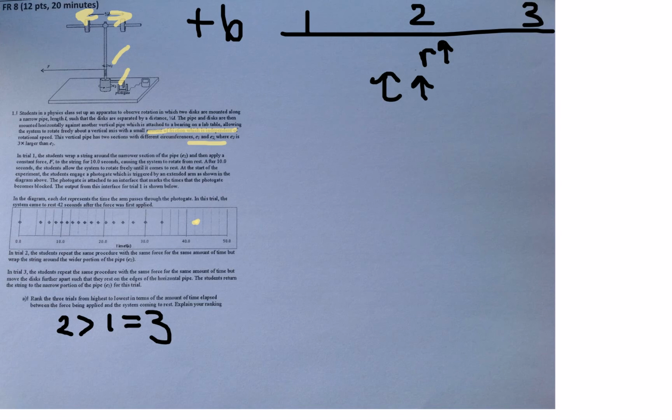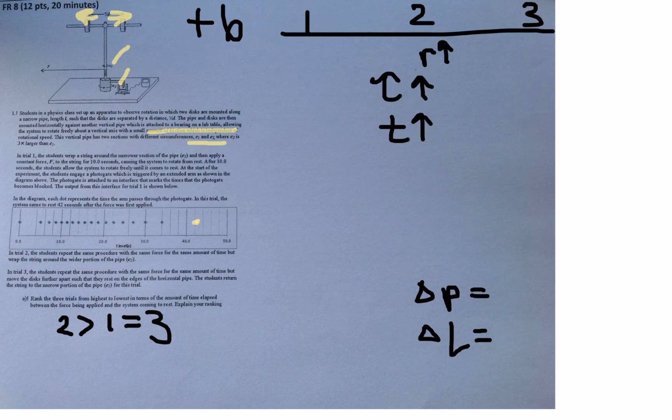Then you also need to indicate that since there is a greater torque, but it is applied for the same period of time, and I'm going to write this to the side because this isn't really included, remember, angular momentum is just like regular momentum, but with the angular versions, or impulse.